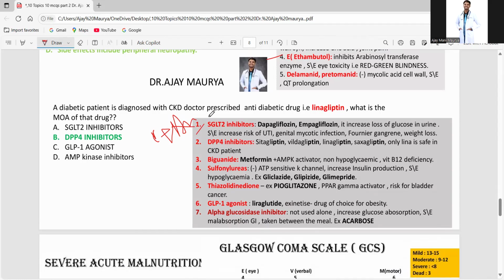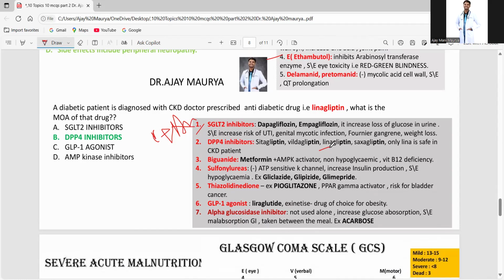Then you have to give an SGLT2 inhibitor like dapagliflozin. DPP4 inhibitors: all the names of this class are like girl names, sitagliptin, Sita, Vilda, Lena, Saksha. Remember, only linagliptin, Lena, is safe in CKD patients. So these are the DPP4 inhibitors.